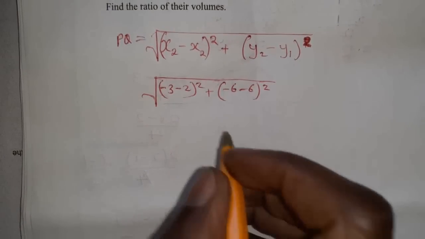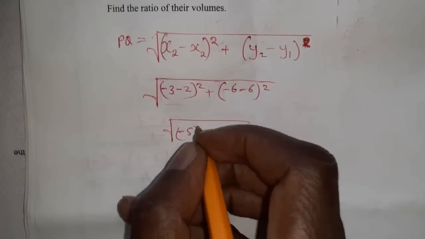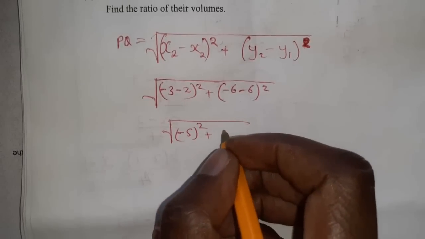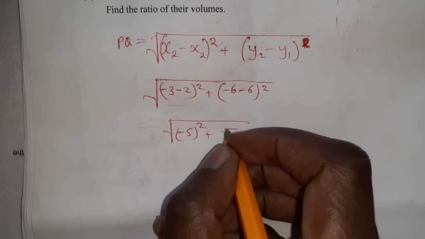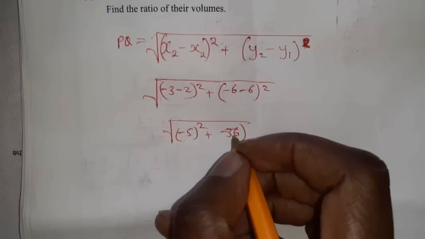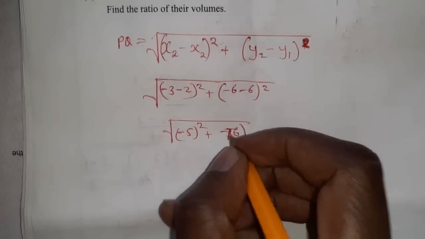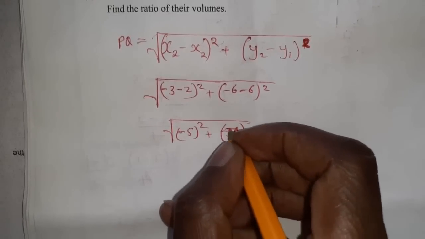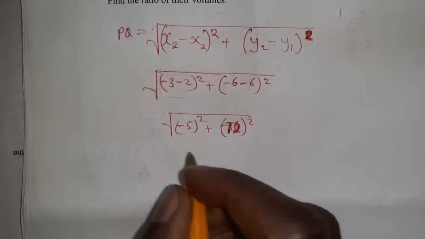Is it? Yes. So this is going to be negative 5 squared plus negative 12 squared. Take note, this is 12 here.